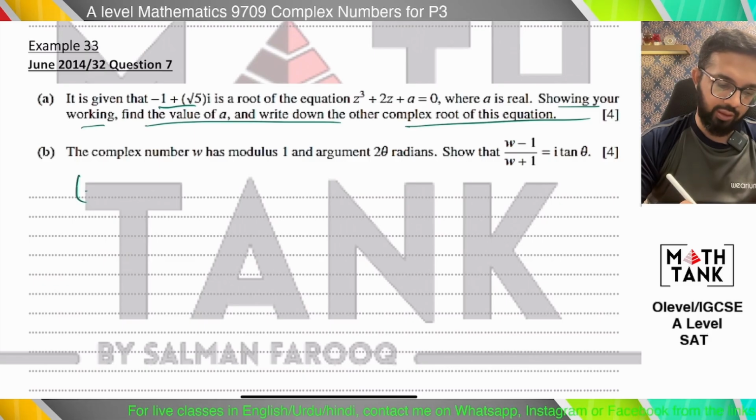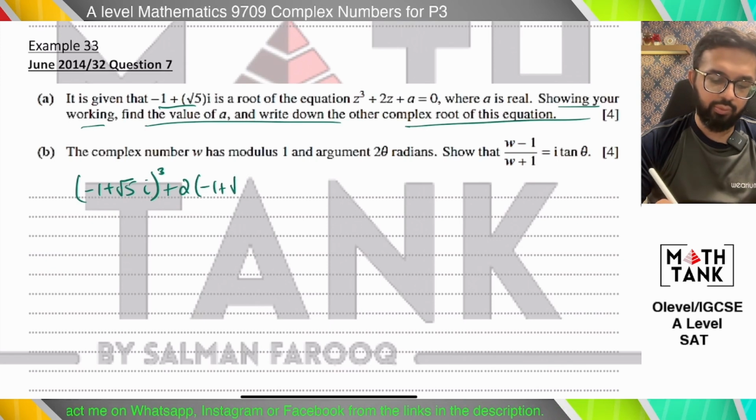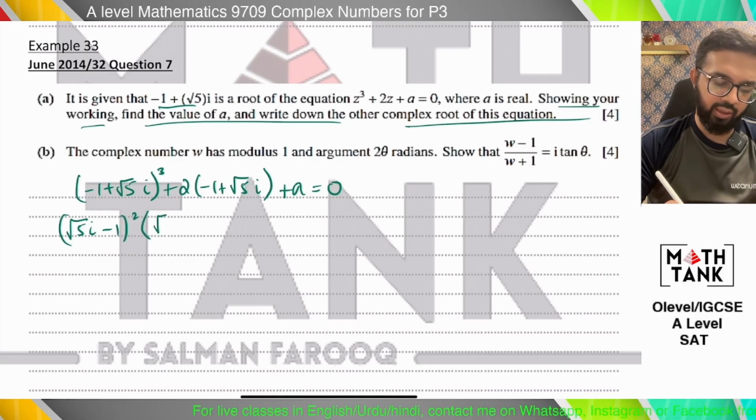So z cubed, minus 1 plus root 5i cubed. Okay, to cube the number, I think it's easier to multiply it first, break it up into a square and then 1.